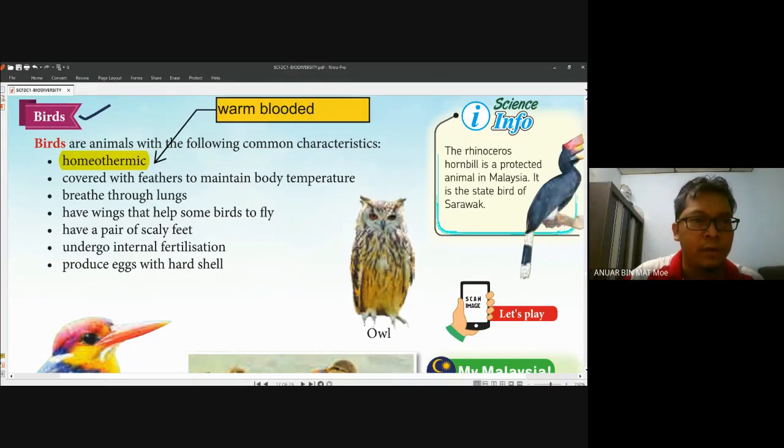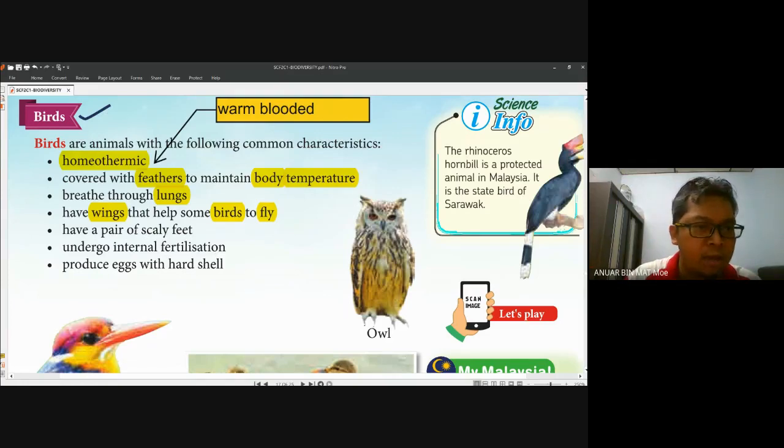Okay, so what is the second characteristic of birds? Covered with feathers. It will be covered with feathers to maintain body temperature. Why do they need to maintain the body temperature? Because it is a homeothermic organism. Number 3, breathe through lungs. Number 4, have wings which help the bird to fly.